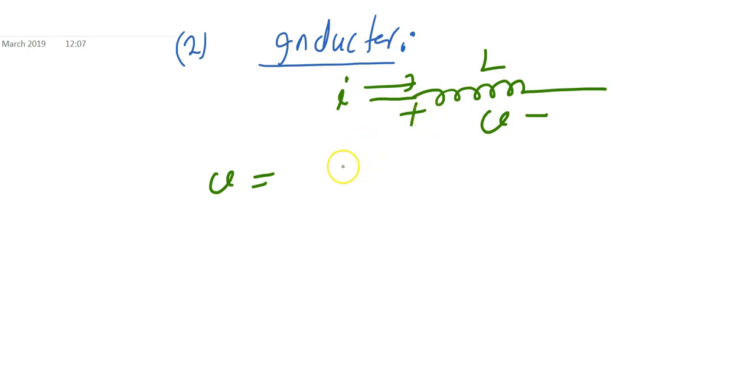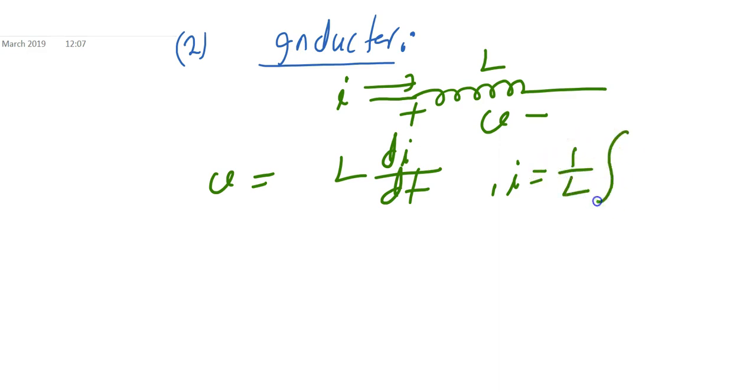So voltage is L di/dt, and the current is 1/L times the integration from minus infinity to t of v(tau) d tau. So these are the voltage and current relations.